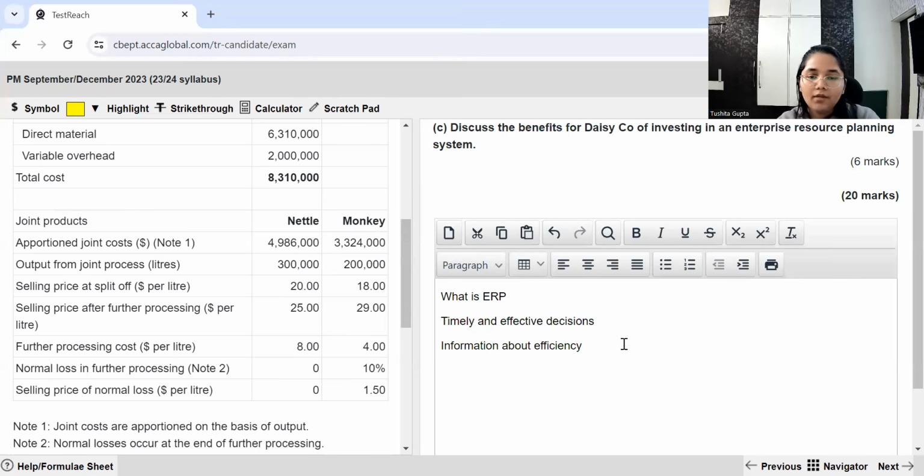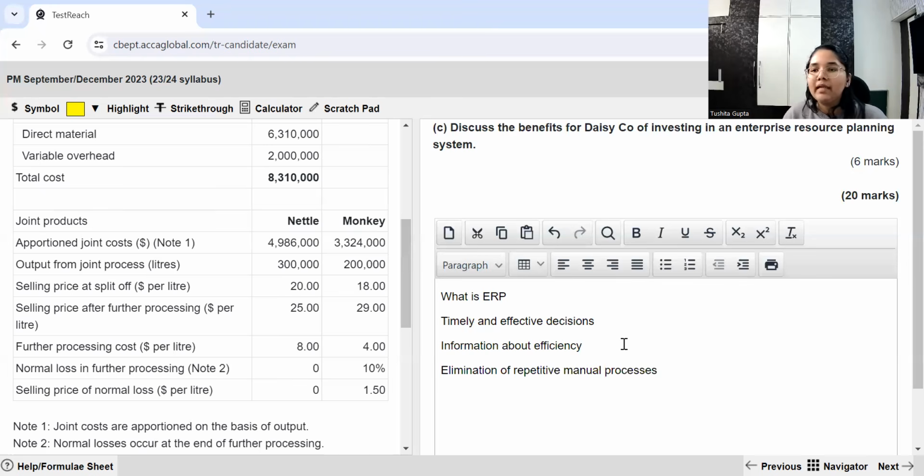Now, the third point you can also talk about as a benefit of the ERP system is elimination of repetitive manual processes. So now that you will be putting in place an ERP system, there is also going to be an elimination of all the repetitive manual processes that the people do.